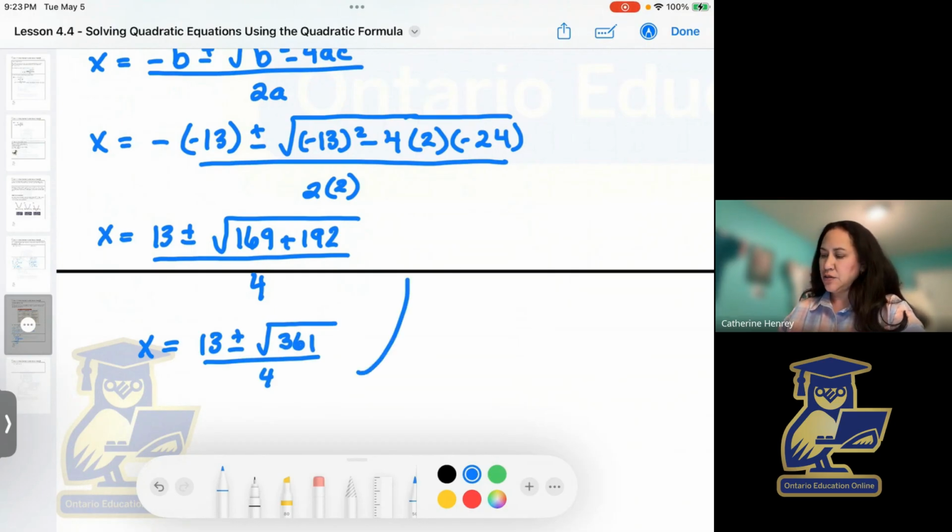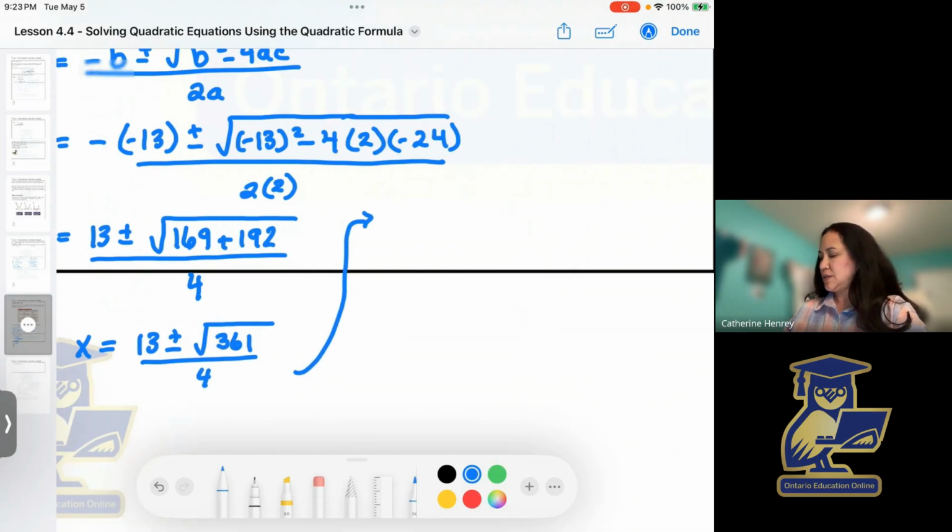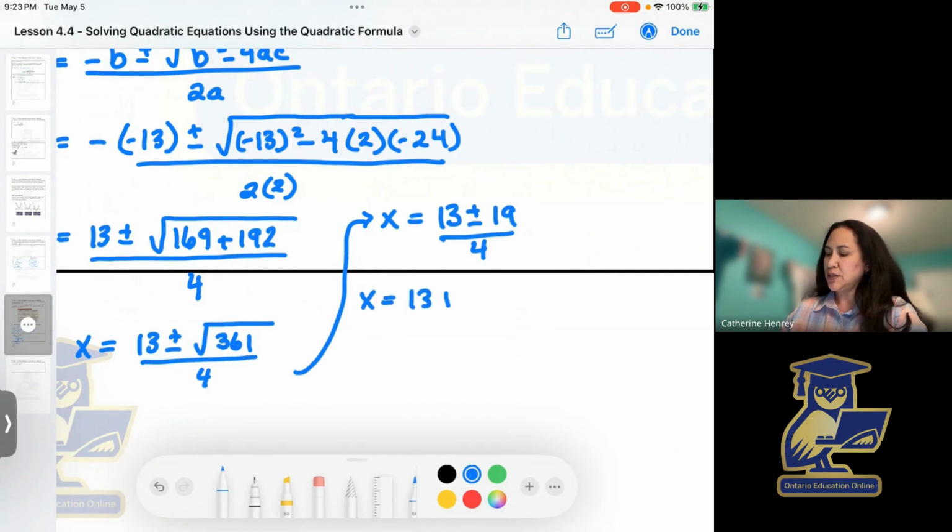And as it turns out, we can take the square root of 361, and it is 19. So x is going to be equal to 13 plus or minus 19 divided by 4. So my solutions would be x is equal to 13 plus 19 divided by 4, in which case we would get 8.